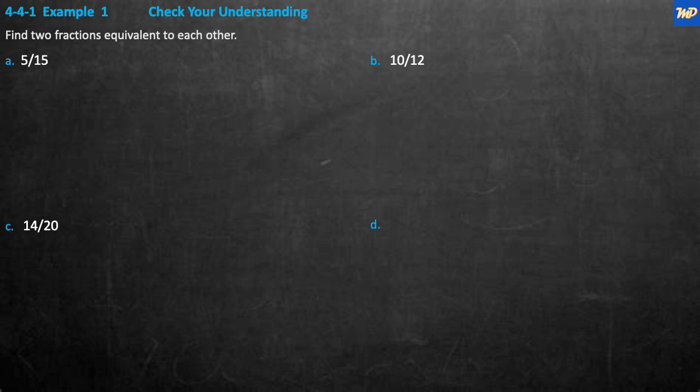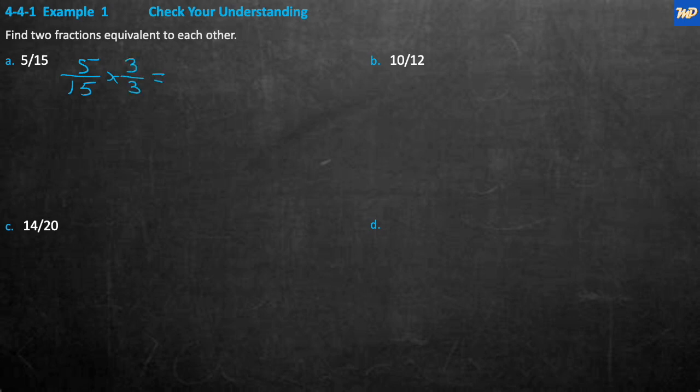So under example 1, check your understanding. We're going to do a little bit of the work ourselves. It says find 2 fractions equivalent to each one. We're going to start in A with 5/15. So what can we do to find an equivalent fraction to 5/15? We can start with 5/15, and we can multiply this if you want by, let's do 3/3.